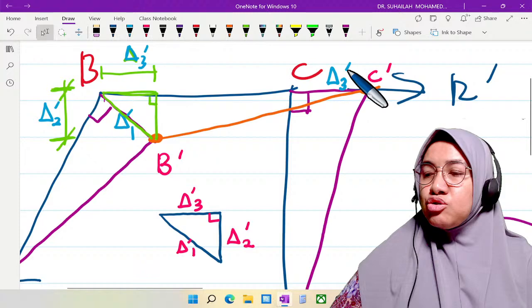This triangle is very, very important because we will use it whenever we want to find the FEM due to sidesway. So what we're going to do is choose one member and assume an FEM.